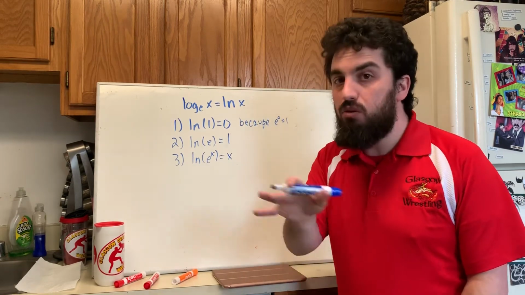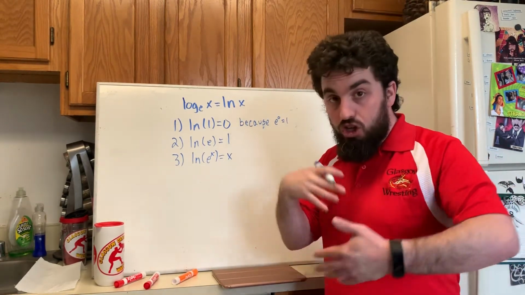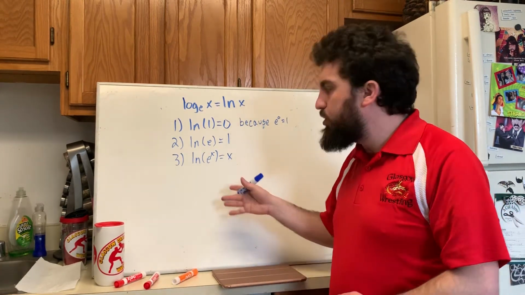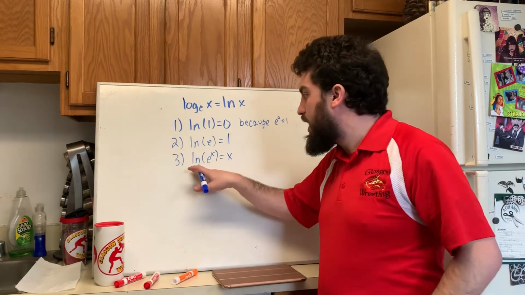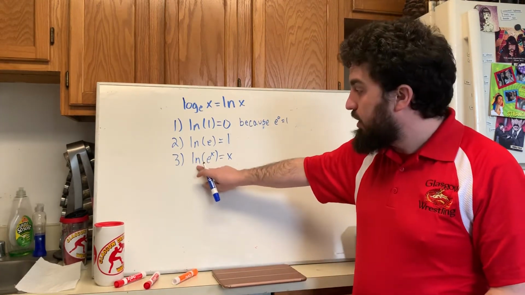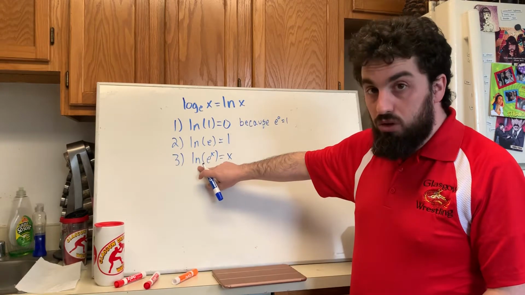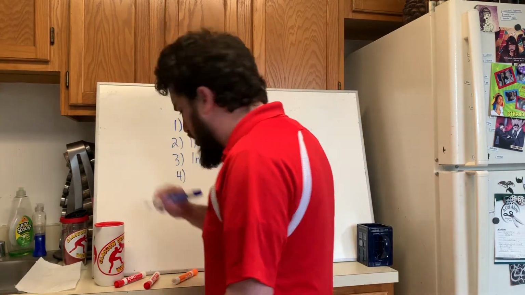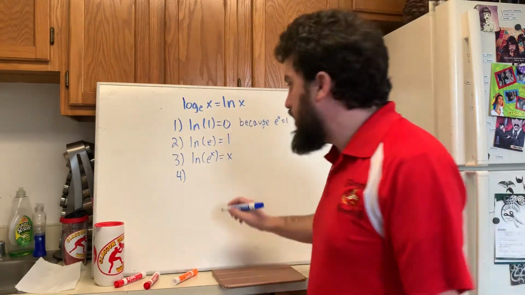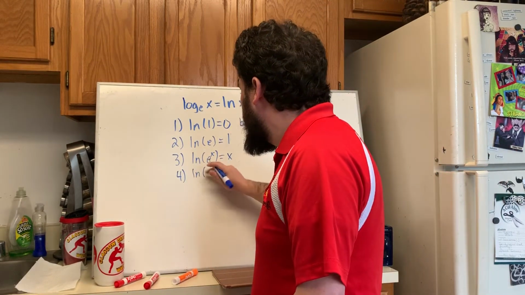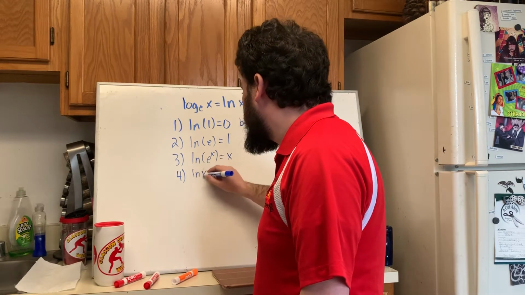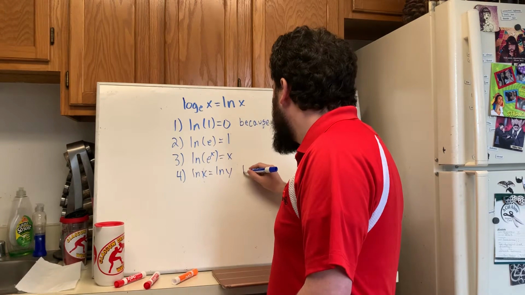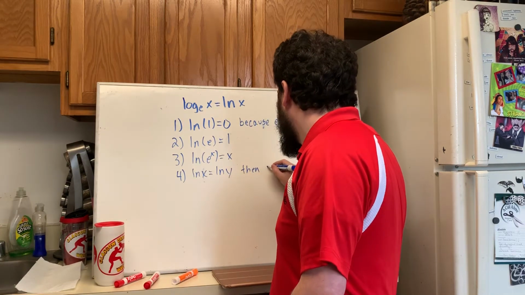We'll talk about that more in solving and why I keep using the word undoing, and we'll see it undoing it in there. This is our inverse property. The natural log undoes base e. And then our fourth property is if the ln of x is equal to the ln of y, then our x and y values have to be equal to each other.